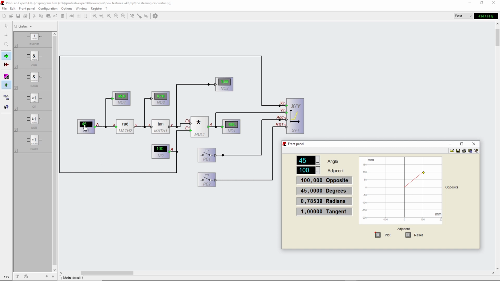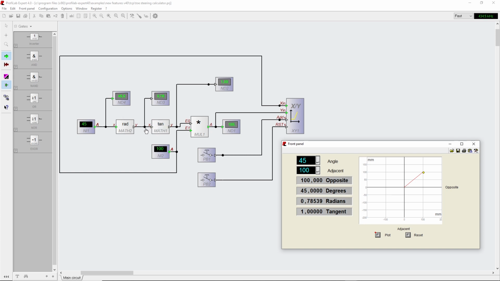So that over there is our angle, which we convert to radians, 0.78 radians, and that then goes into our formula.